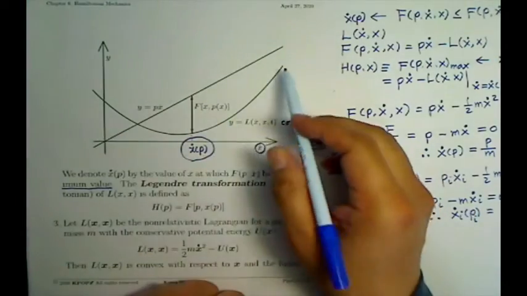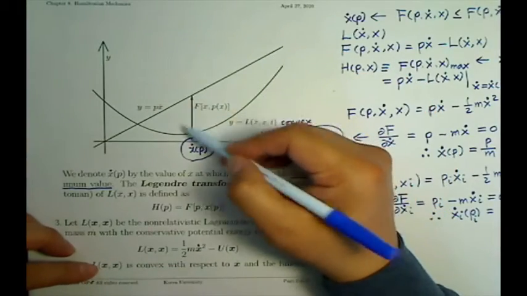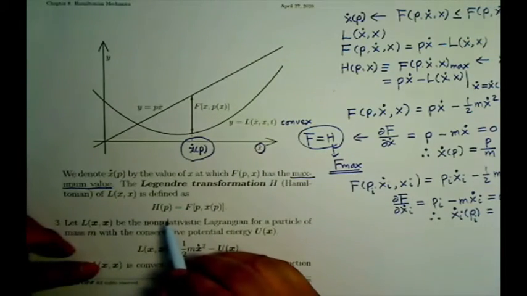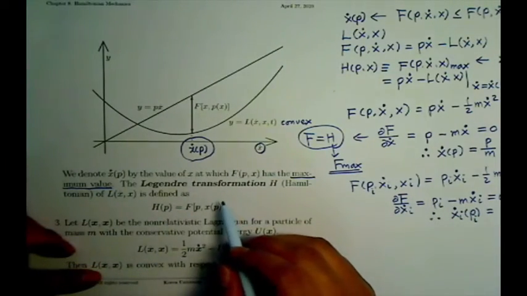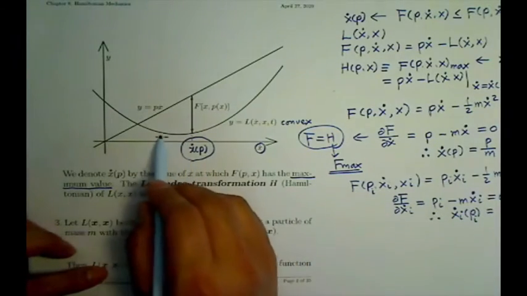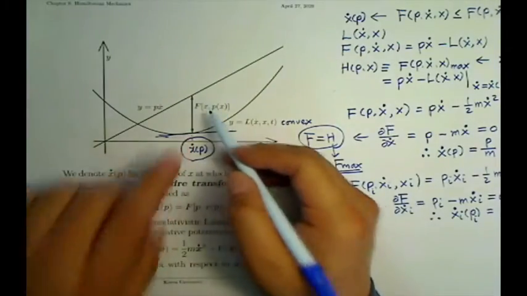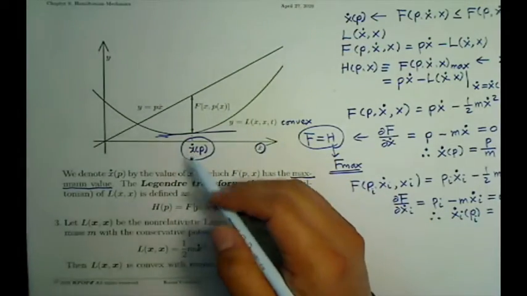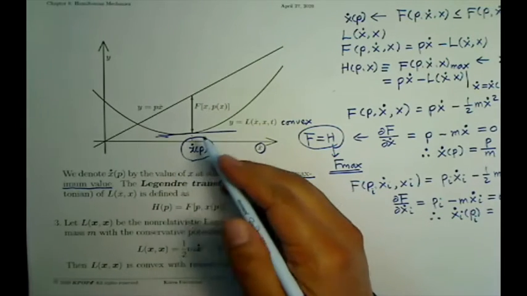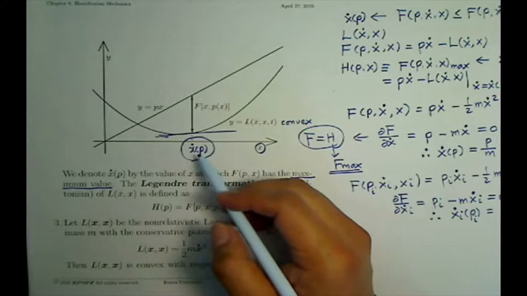Because it's concave and it's a straight line, the maximum value of this function can be obtained by taking the first partial derivative with respect to x dot. Here, the derivative of F with respect to x dot becomes 0. The value of x dot at which this F function is maximized is called x dot p.